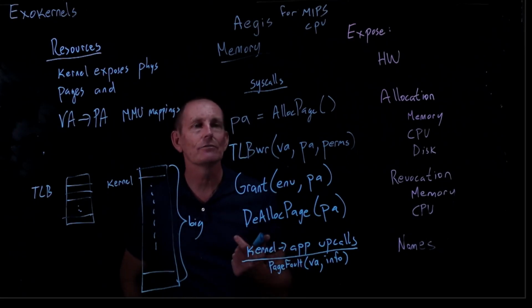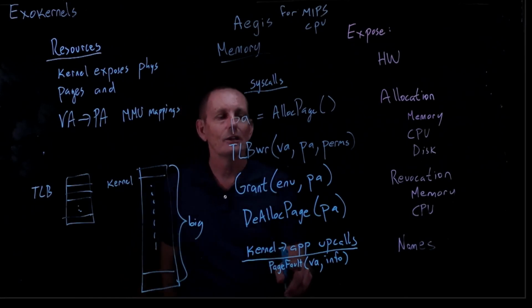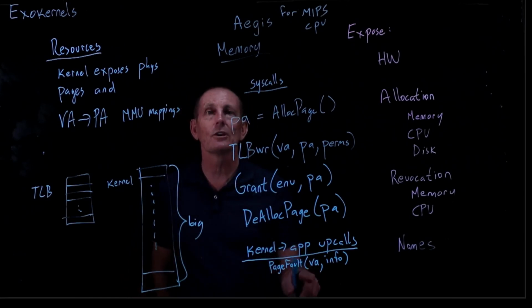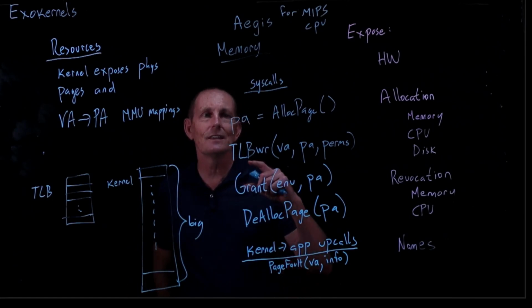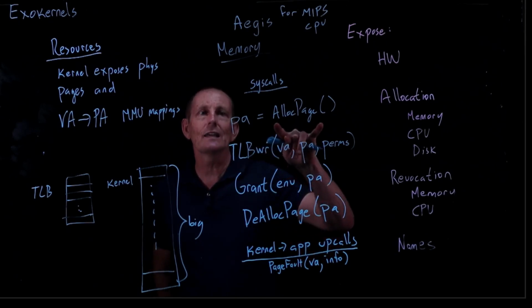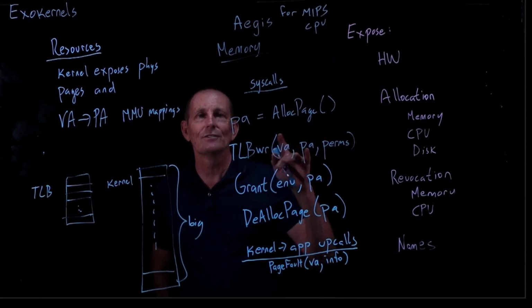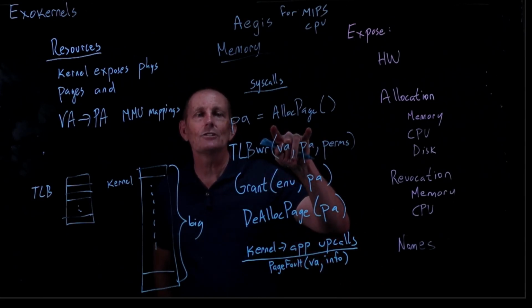If we want to do demand paging, for instance, where we would page in our executable, then as long as our page fault code is in memory, so let's assume the exokernel has made sure to load that, if we get a page fault for a virtual address, we can go look at the virtual address and see that it corresponds to, let's say, an area of our executable. We can then allocate a page and read from the disk, from our ELF file, into that page.